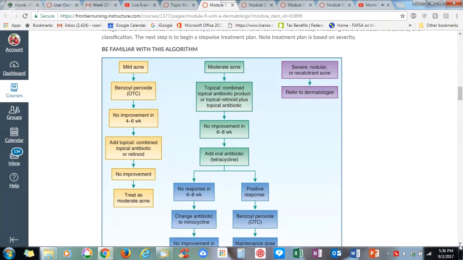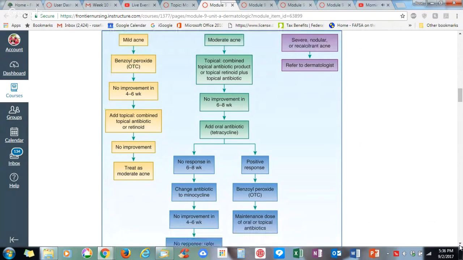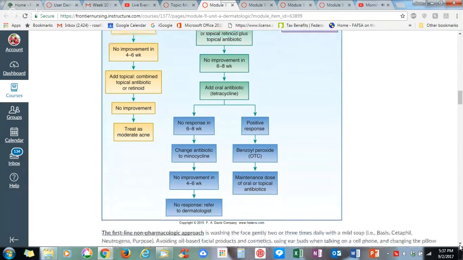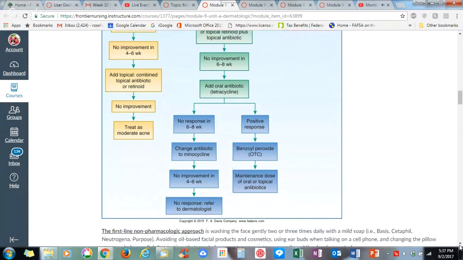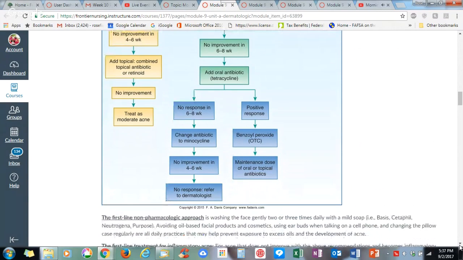So for moderate acne, you start out with a topical, a combined topical antibiotic product, or topical retinoid plus the topical antibiotic. If no improvement in 6 to 8 weeks, add an oral antibiotic, such as tetracycline. If no response in 6 to 8 weeks, change antibiotic to minocycline. If no improvement in 4 to 6 weeks, no response, refer to dermatologist.